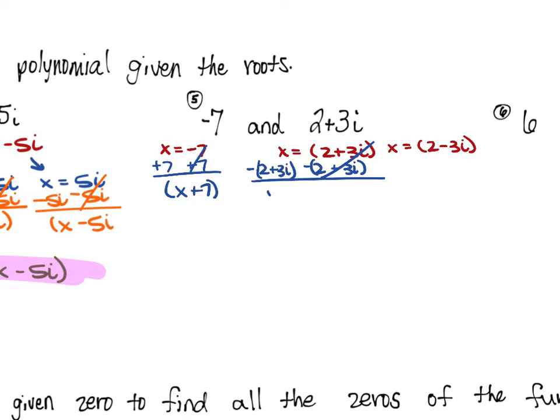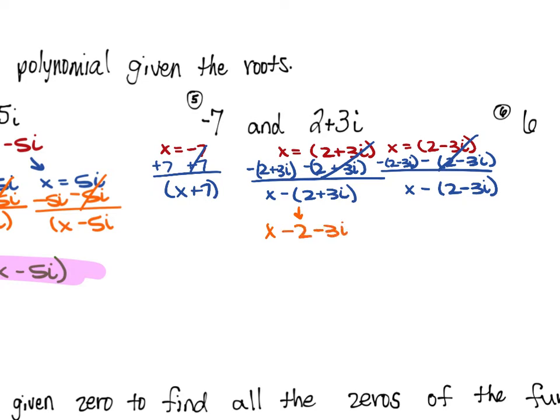So this is going to give us x minus, parentheses, 2 plus 3i. And then we're going to subtract the other as well, 2 minus 3i. So this gives us x minus, parentheses, 2 minus 3i. If we simplify these, this is going to be x minus 2 minus 3i, because we just distributed that negative, and x minus 2 plus 3i, because again, we just distributed the negative.